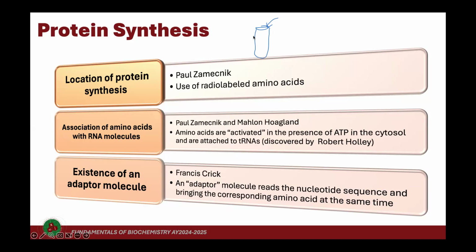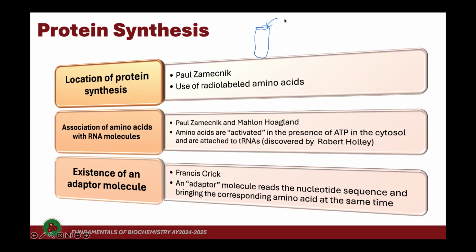So what he did was, he allowed a long incubation time, and he found out that these radio-labeled amino acids are distributed all throughout the cell. So this is for longer incubation time with the radio-labeled amino acids.